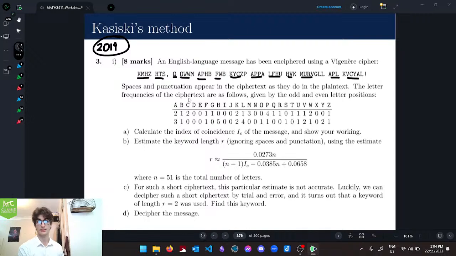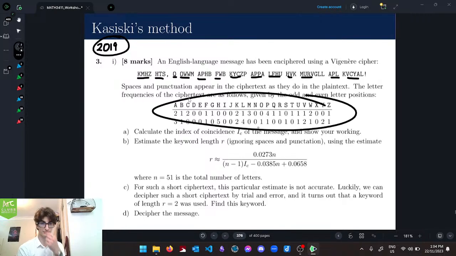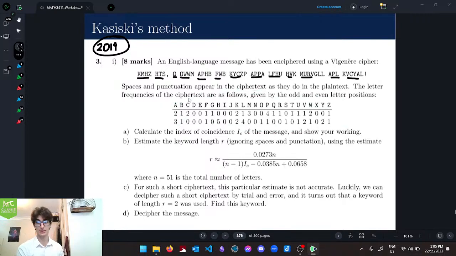The letter frequencies of the ciphertext are as follows, given by odd and even letter positions. Calculate the index of coincidence, IC, of the message.